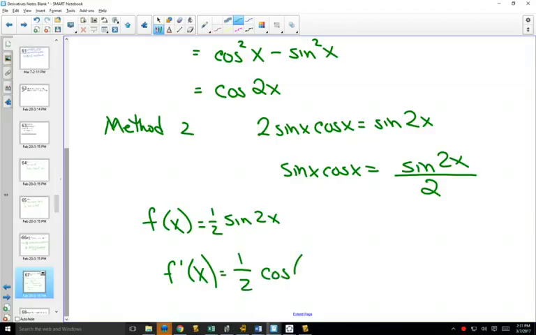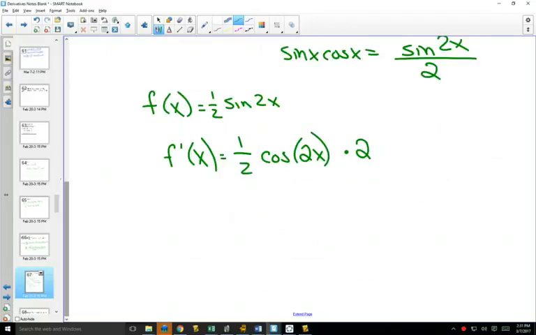Cos. Keep the inside function the same. Multiply by the derivative of the inside function, which is just 2. And the 1/2 and the 2 cancel out, and we get the same result, which I think is pretty cool.